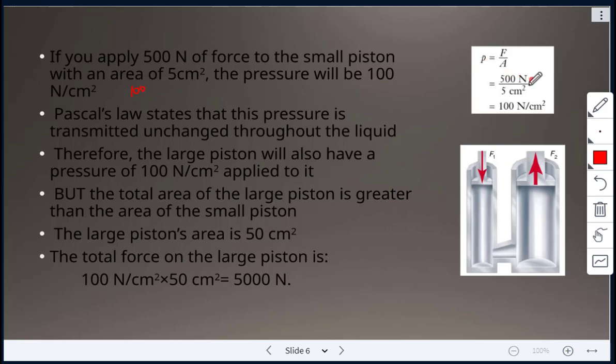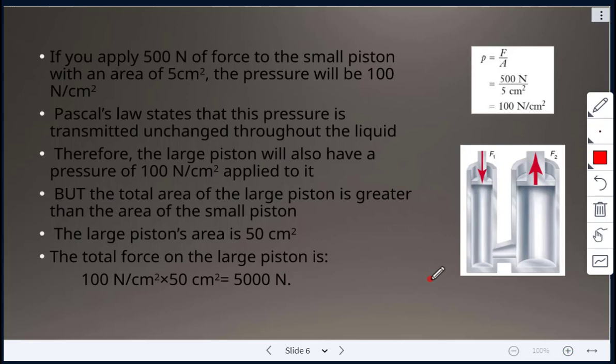So here is how we've done that. So here we have 100 newtons per centimeter squared, and so keep in mind the smaller piston, or the smaller cylinder, had an area of 5 centimeters squared.